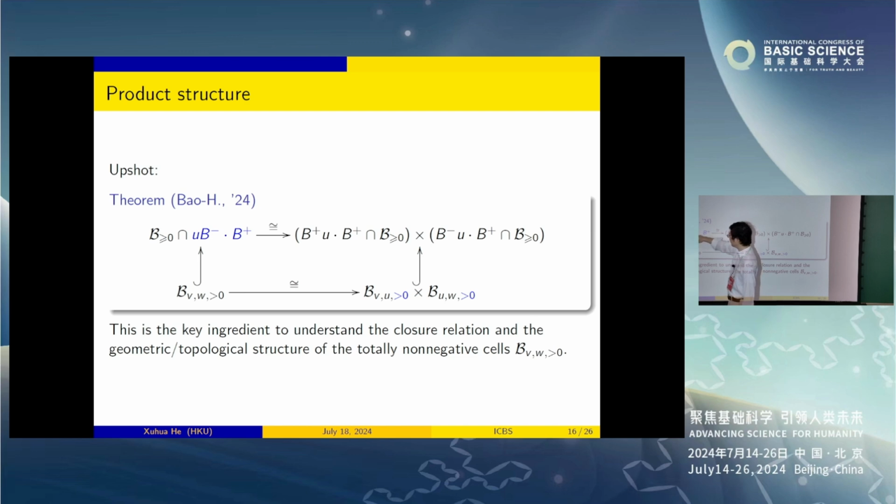If you run over all the u's, then we understand the whole closure. The closure of this can be reduced to taking the closure of this one inside here and the closure of this one inside, so we are able to do induction. In particular, this is how we can understand the closure relation, which was quite difficult by other methods. This is also the key part by which we show that the topological boundary of this cell is the one we expected.